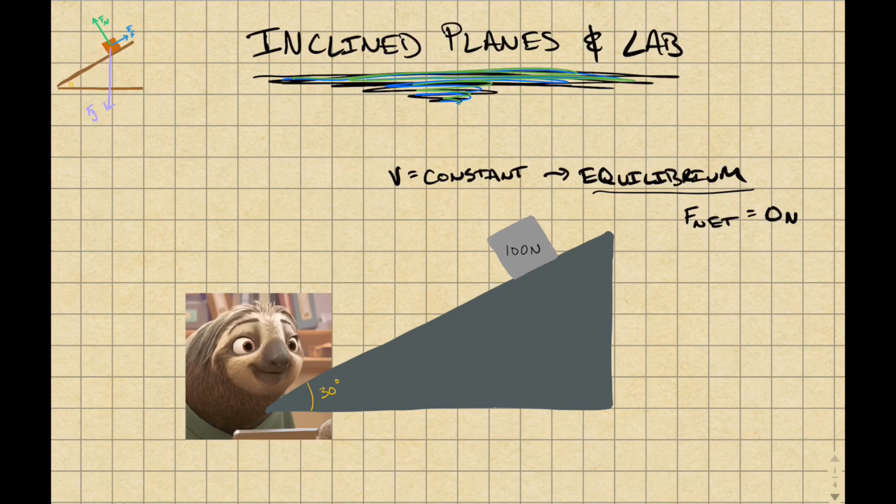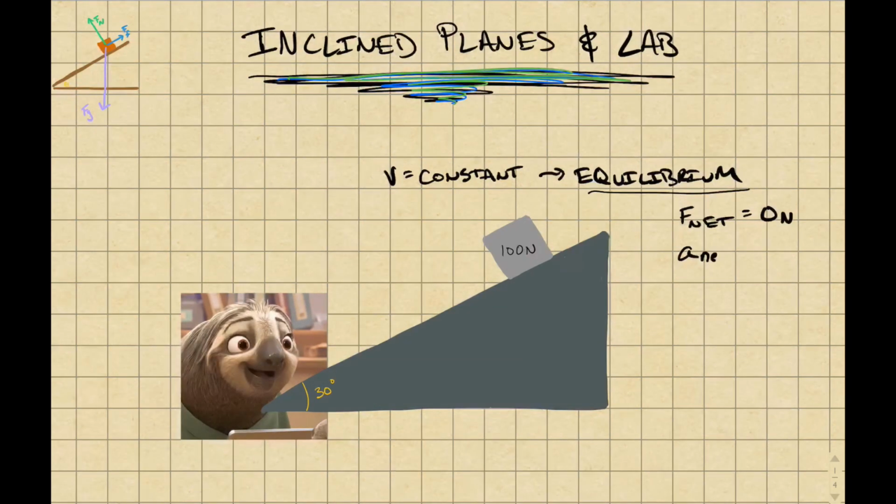A constant velocity means that the net acceleration, the A net, is equal to 0 meters per second squared, which in turn means that the F net is equal to 0 newtons, because we know that F net is always equal to m a net.